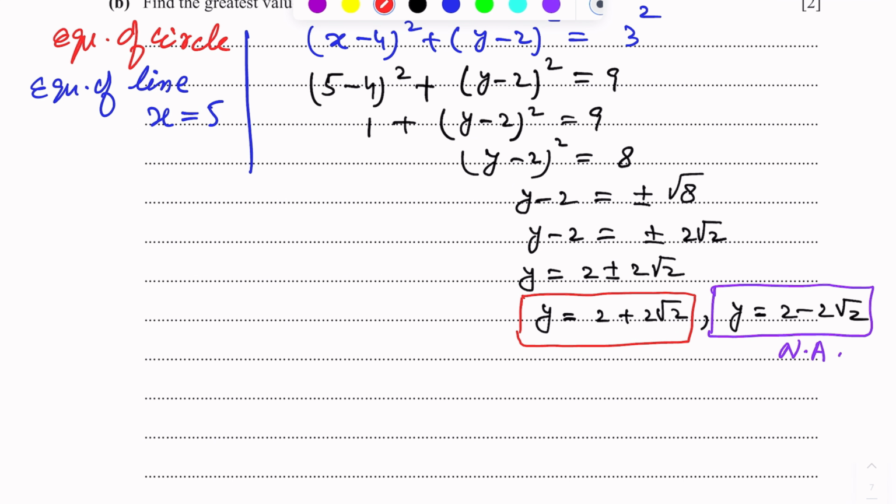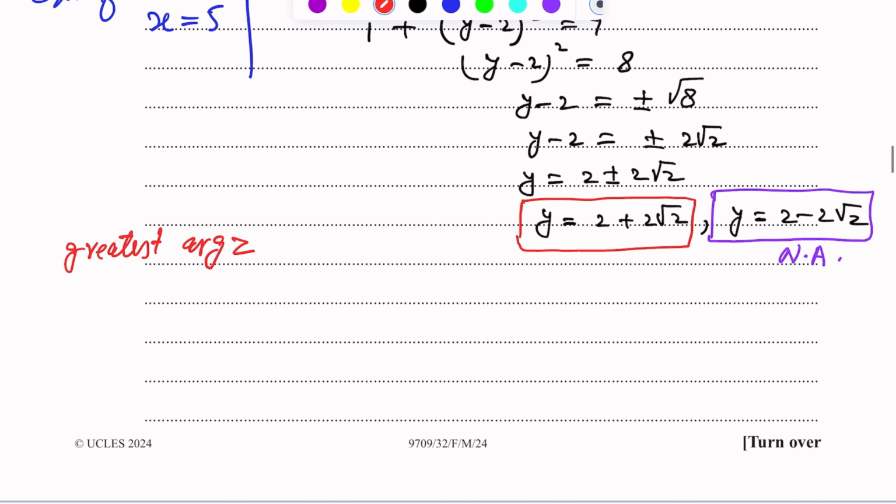The greatest value of argument theta is equal to tan inverse of (2 plus 2 under root 2) over 5.